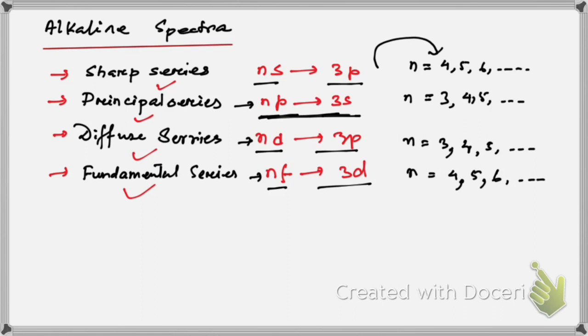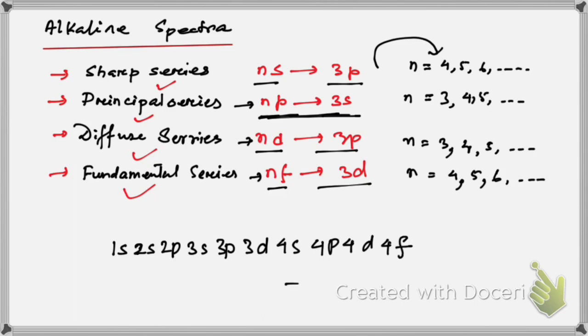Let me show you how. When you write the electronic configuration, first you write 1s, then 2s, 2p, 3s, 3p, 3d, then 4s, 4p, 4d, 4f. In this direction the energy level is going higher, right?